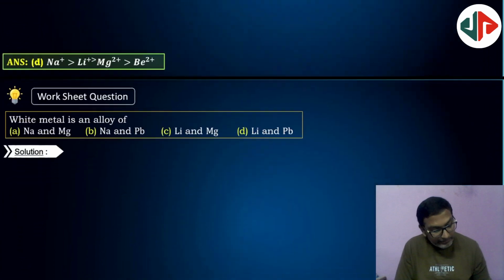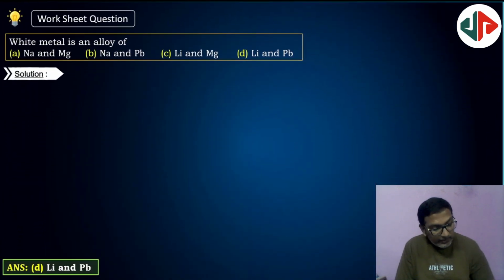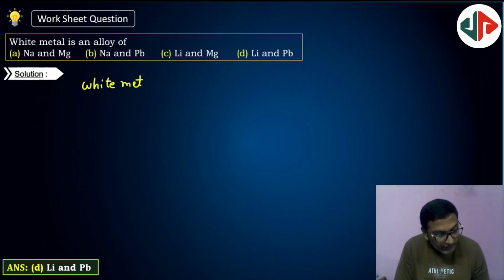Next. So white metal is an alloy of lithium and lead. Lithium and lead.